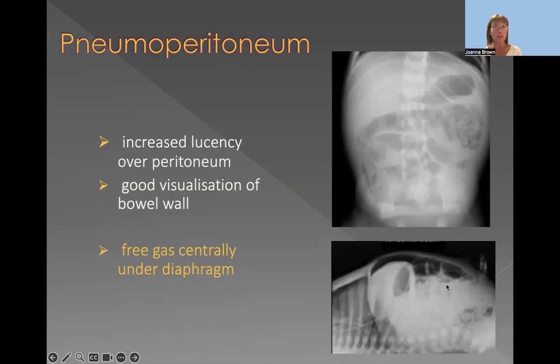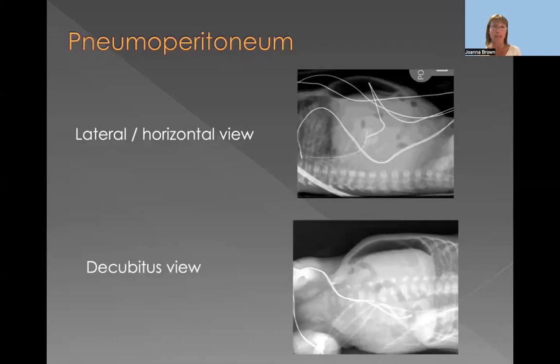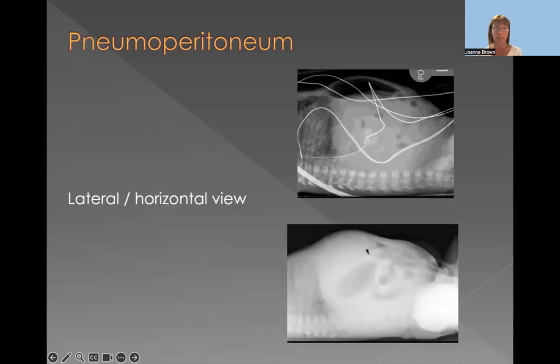So do the horizontal film, and you can see here that the free air has migrated between the anterior abdominal wall and the liver. Or do the decubitus film, when you put the child over on one side, and you see that the free air in this child migrated within the lateral abdominal wall and the liver here. But again, it's consistent with perforation.